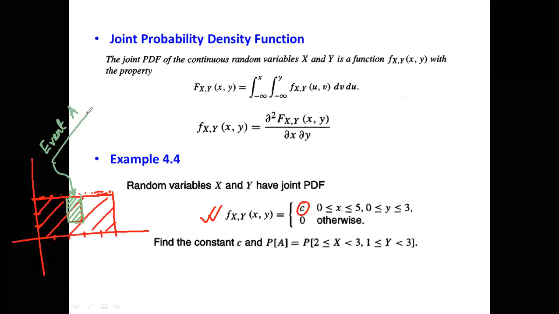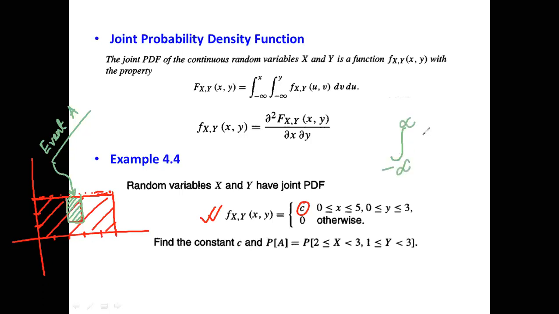Okay, so what they are asking is, number one, finding the value of C. Number two, they are asking for the probability of event A. So for finding C, how can we do that? We can use integration from minus infinity to infinity.